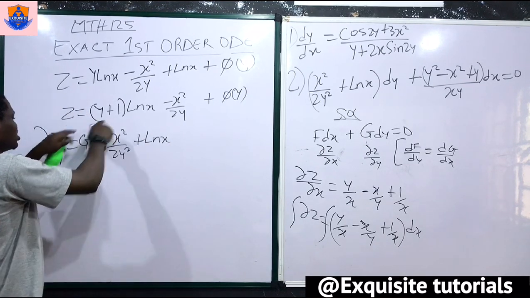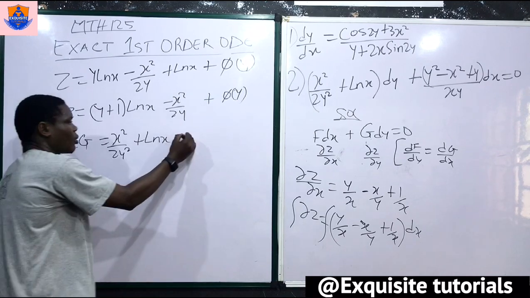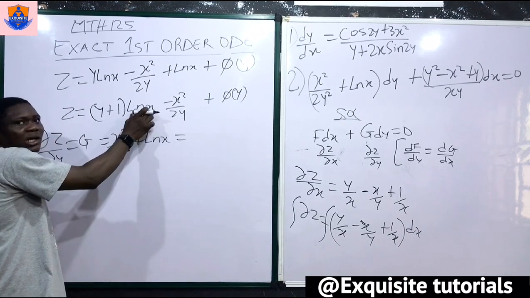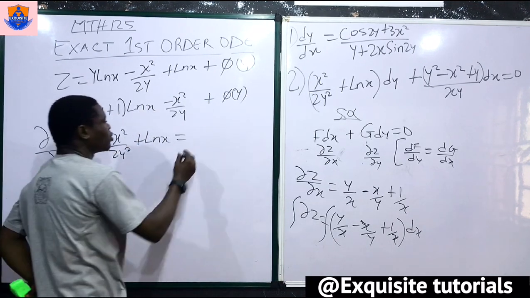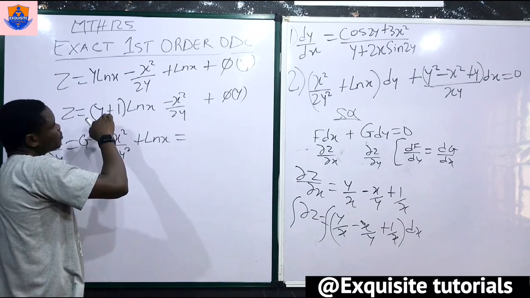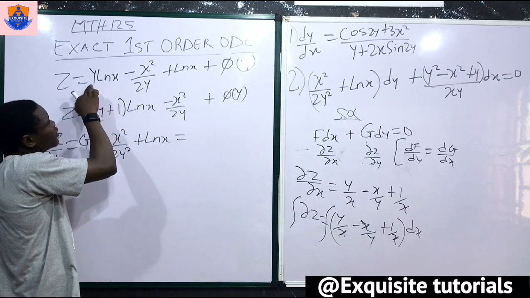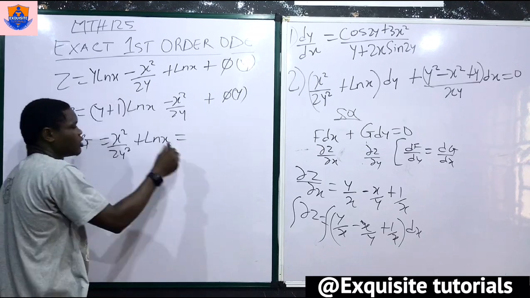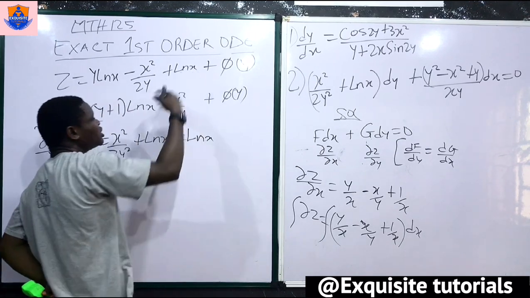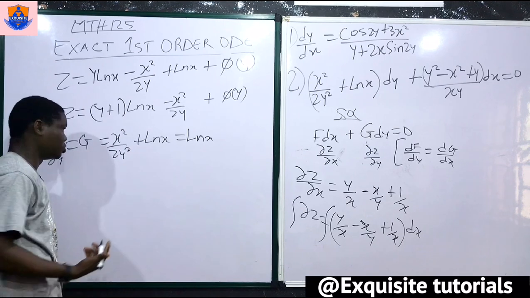Now let me differentiate this with respect to y. With respect to y, this is just a constant. So I'm going to have y differentiate this, I'm going to have 1 ln x. So I'll just have ln x. Differentiate this, that's 0. Taking this as product rule if you like.